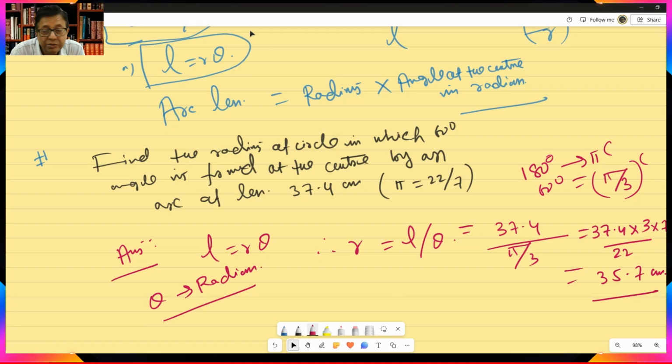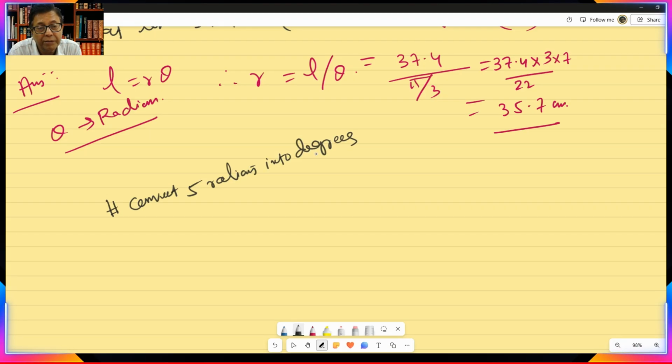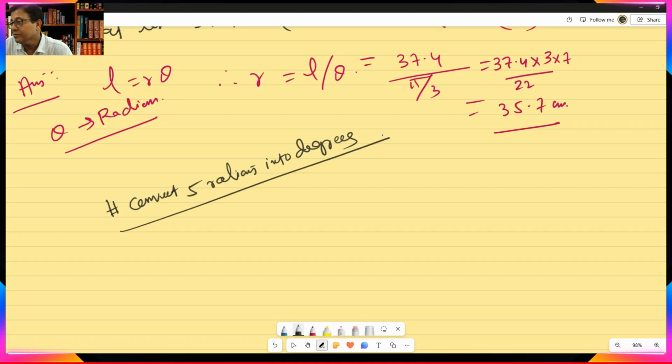Clear? Now suppose we have to convert. Let us do a few sums on conversion. The question is this: convert 5 radians into degrees. Go by this.